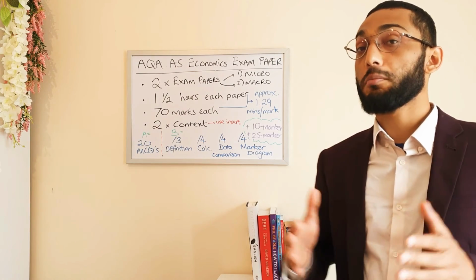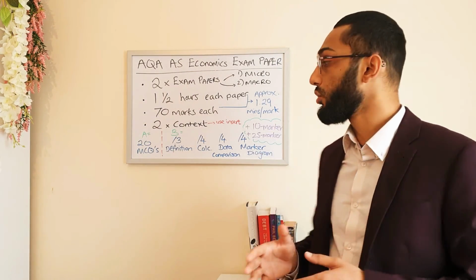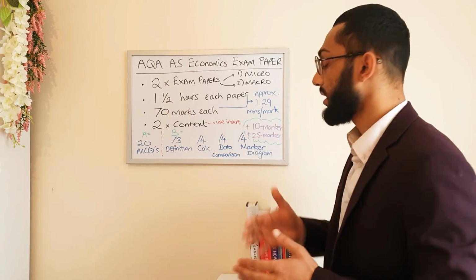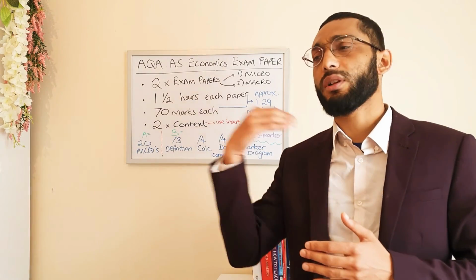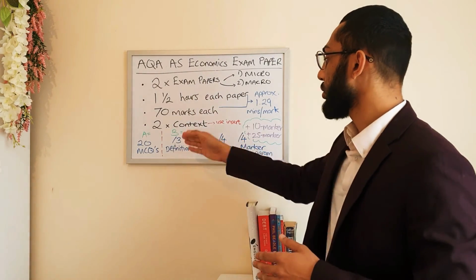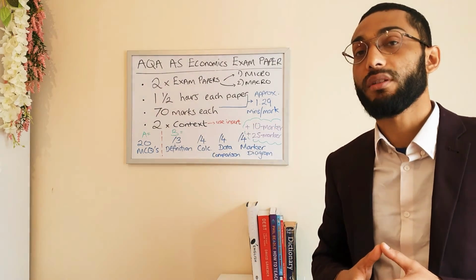You want to gain as much of that 50% of marks here so that you have some tolerance and leeway with the other questions. Obviously you want to maximize as much as possible, but sometimes it's not possible. So where you want to do the best is here in the 10 and 25 markers.